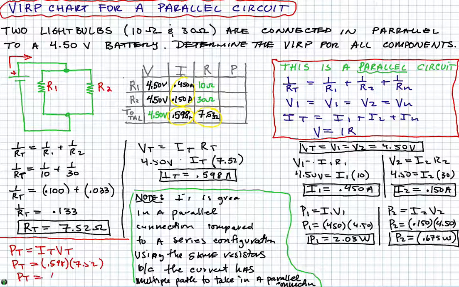So PT is 4.50 watts. So we can transfer those numbers, 2.03, 0.675 and 4.50 watts.